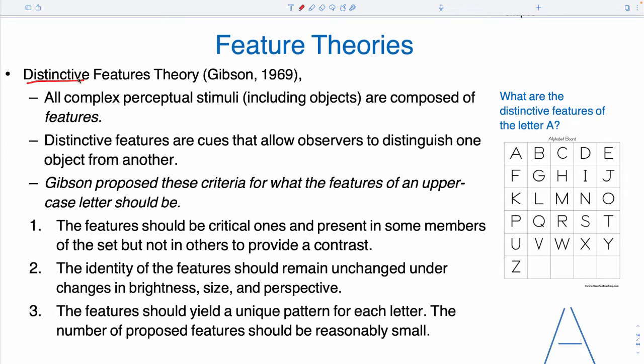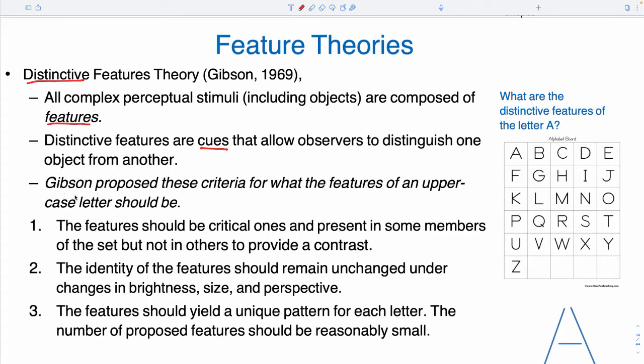So zebras, for example, are very distinctive in that they're one of the few wild animals that's black and white, right? So that would be an example of a very distinctive feature. So the idea is that all complex perceptual stimuli, including objects, are composed of these features. Distinctive features are cues that allow observers to distinguish one object from another. That's what we mean by distinctive.